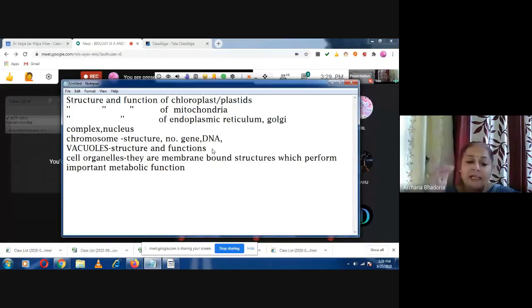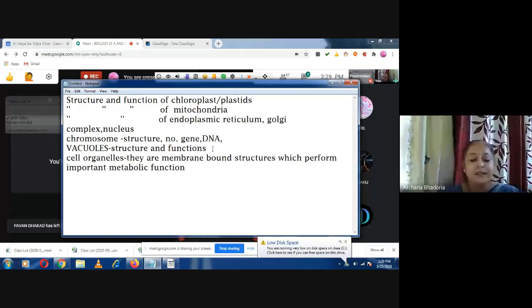Now try to turn the pages, Kinjal. In the beginning we made the complete list of cell organelles. Can you all turn the pages to where we discussed what the components of the cell are? If you are writing period wise what we are doing in the class, you will have it in your notebook in the beginning.